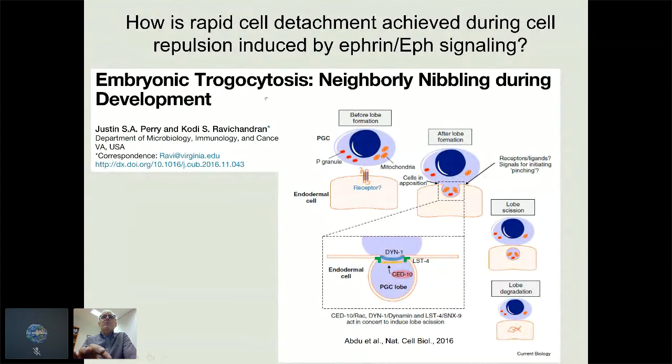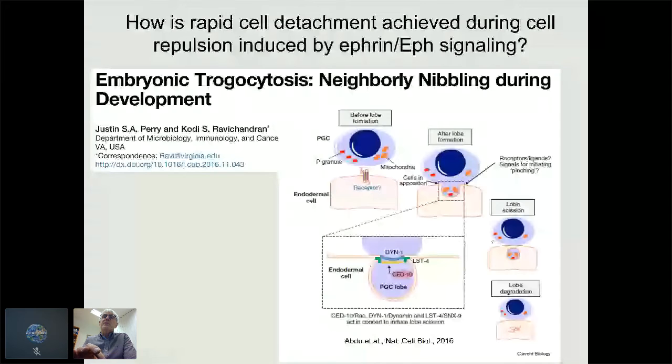Here's a mini review on trogocytosis in general by these authors here. They were commenting on a paper that appeared in Nature Cell Biology in 2016 in C. elegans, where primordial germ cells and endodermal cells come in close contact, and this contact initiates a process whereby the primordial germ cell forms a lobe, which is then taken up by the endodermal cell, and then the membrane is pinched off, and the piece that was taken up is then degraded.